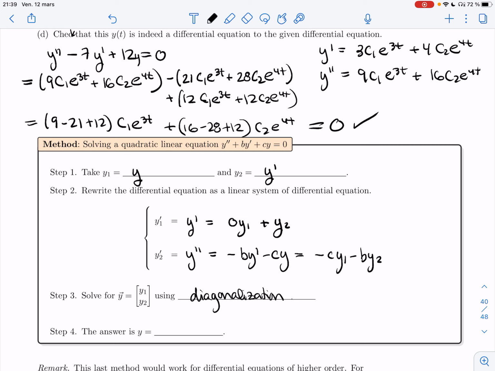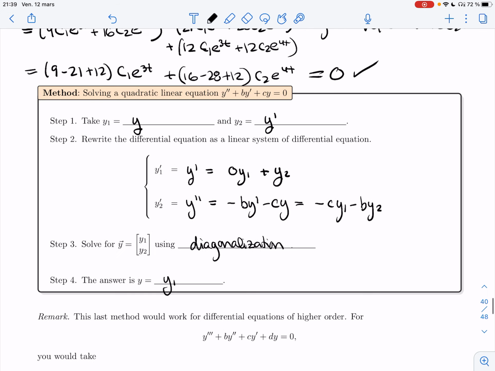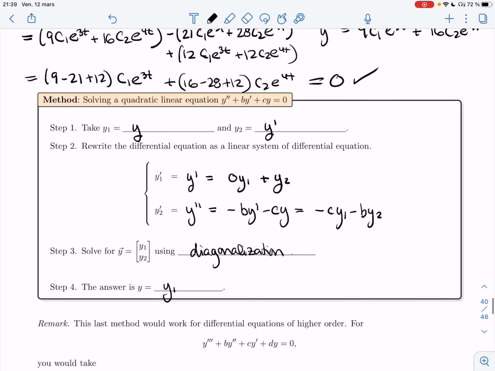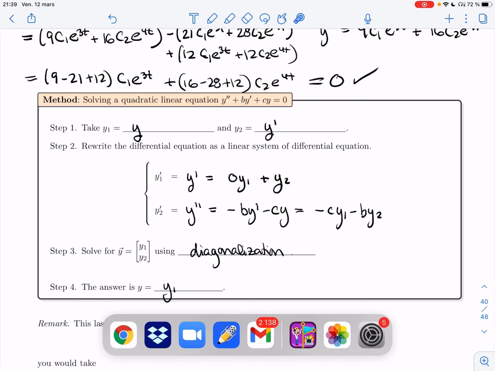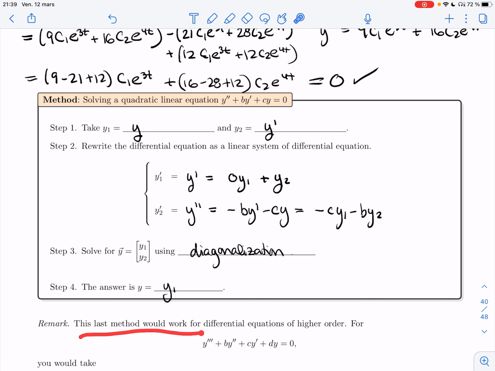All right, so you solve for y1, y2 using diagonalization, and the answer is whatever y1 gives you. So we saw it for degree 2. It would actually work for a higher degree as well. You would just need more and more variables. So here's an example of a differential equation of higher order.